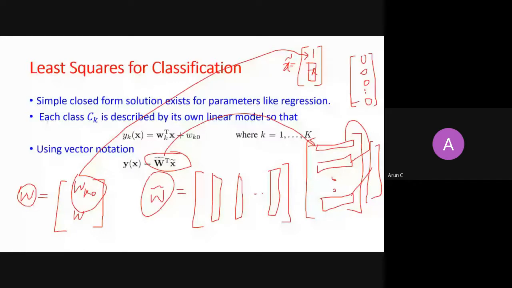R Bhargav, R Raghavan, what do we want to estimate? R Raghavan, are you there? Absent? Kawana S, are you there?